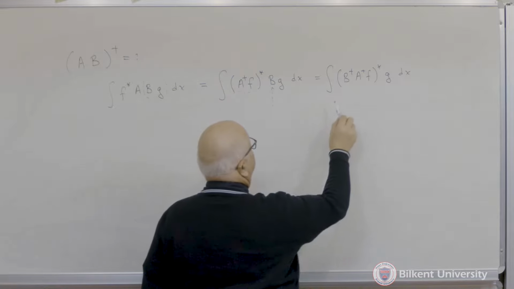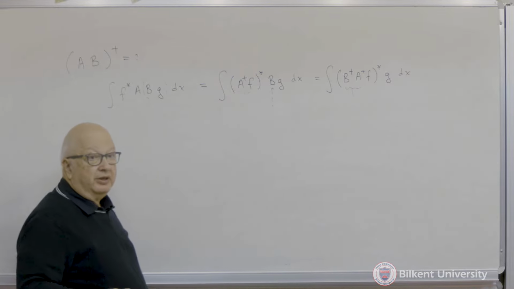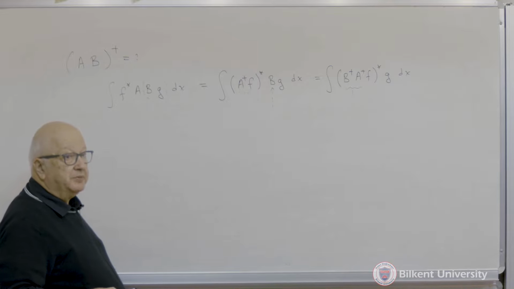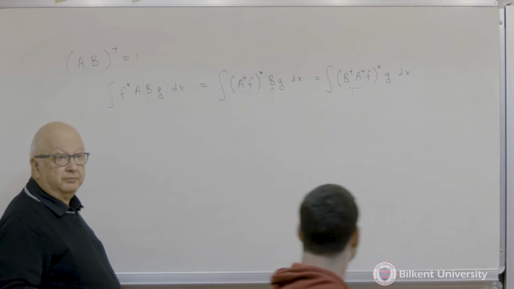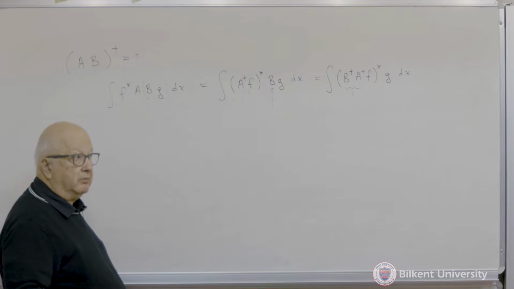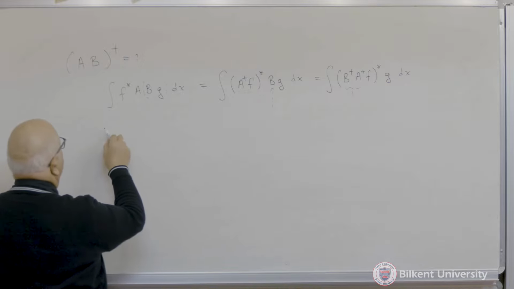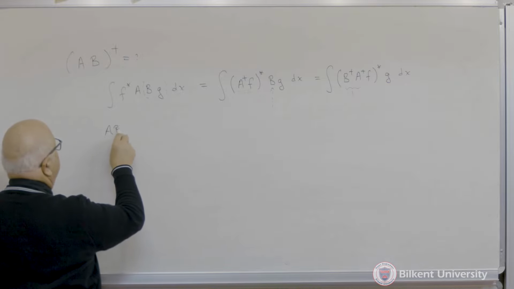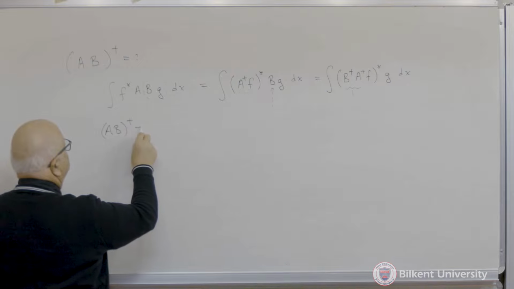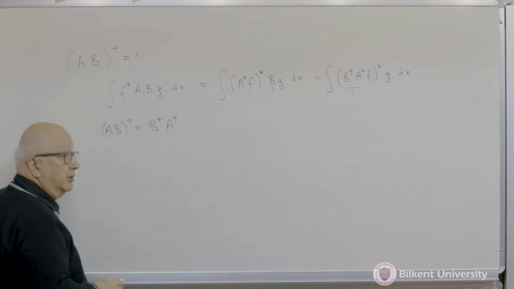So this term here now, you see from our definition of the adjoint, is the adjoint of A times B. So (A B) adjoint is going to be B adjoint A adjoint.